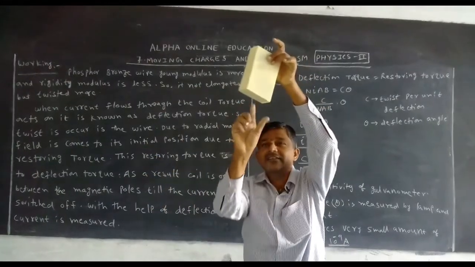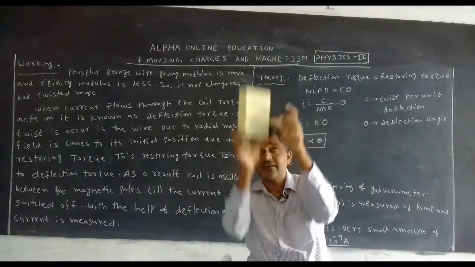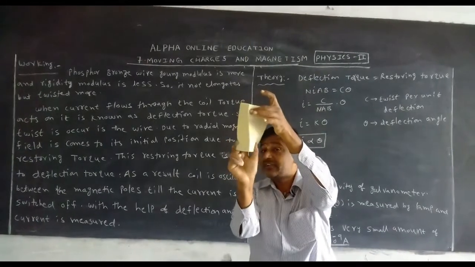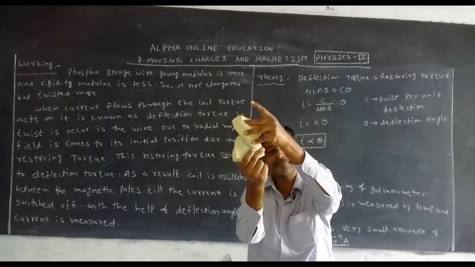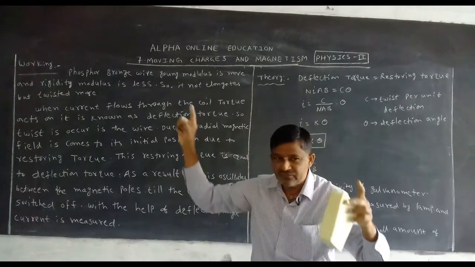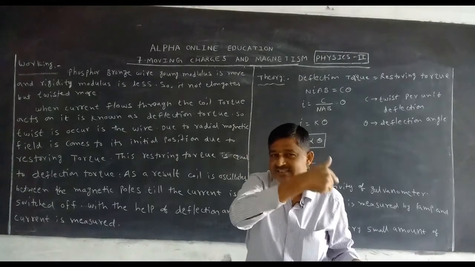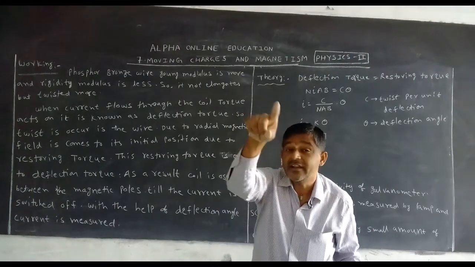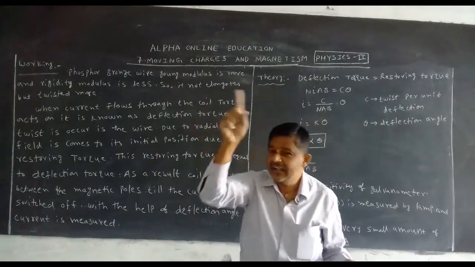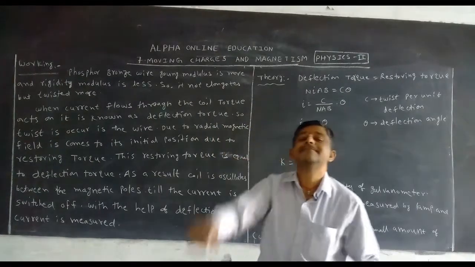This is the wire. When the deflection occurs on the wire, what happens? Twist occurs. The twist occurs due to the phosphor bronze wire, and as we discussed, the radial magnetic field, and also we take the soft iron cylinder inside it.